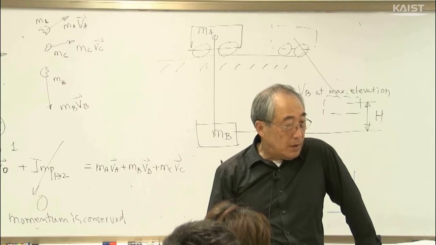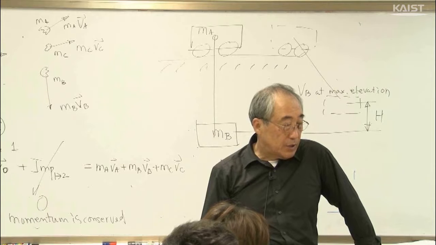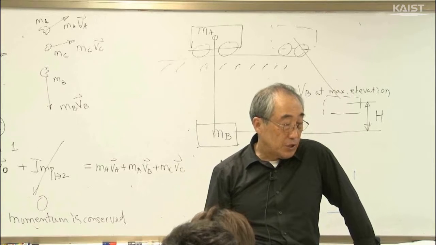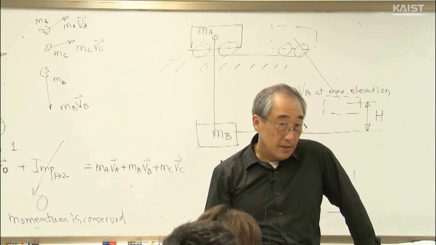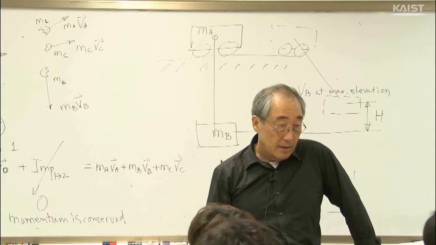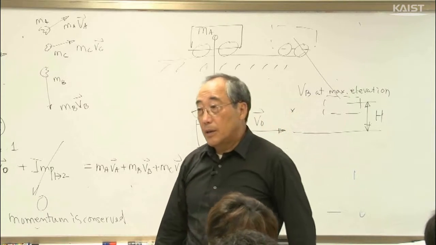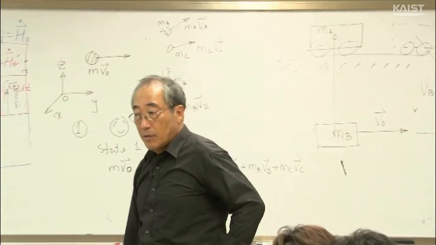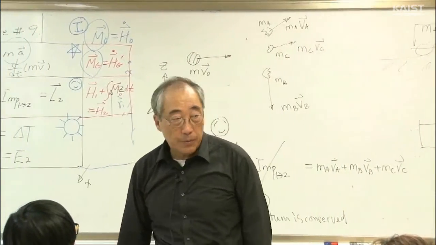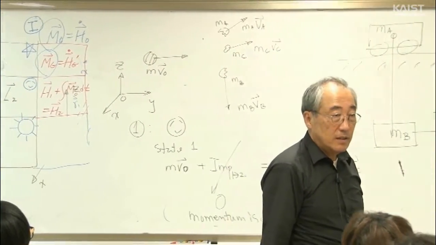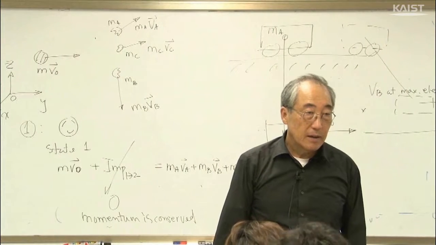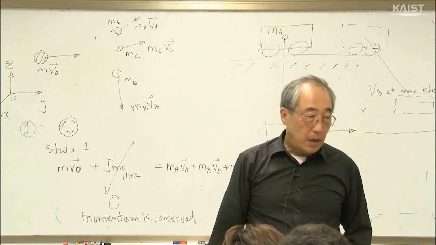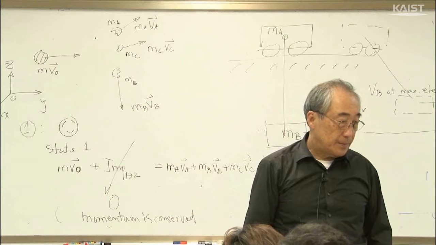Because it involves maximum elevation, that will introduce the potential energy change. Okay? I mean, inviting sun for solving second problem is rational. I can accept it. But what about first problem?